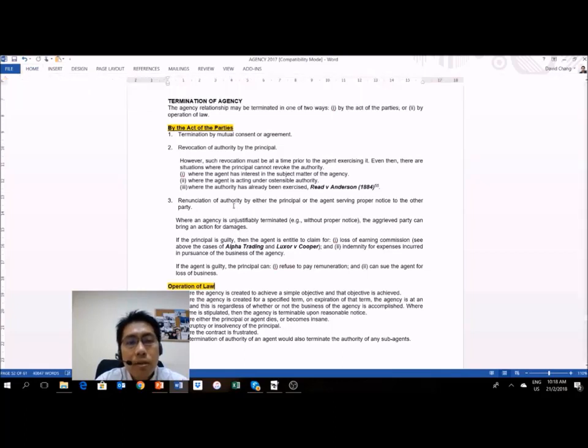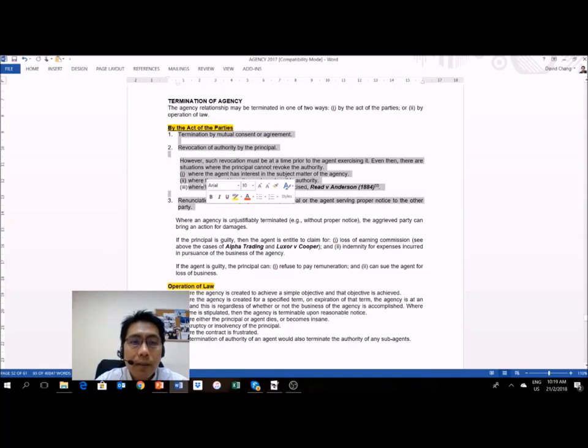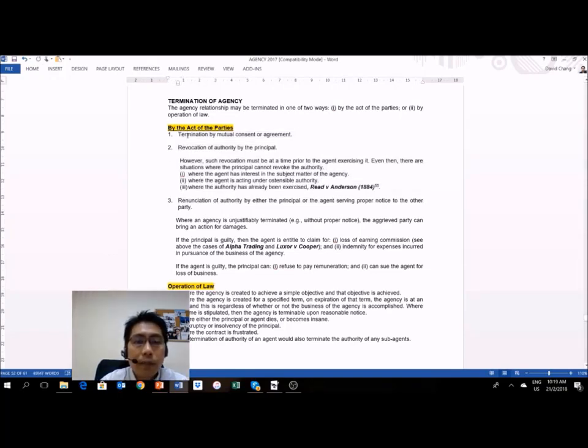Within termination by the parties, there are three further ways it can be terminated. For example, where the parties mutually consent or agree for the agency to be terminated. That's obviously where no issue will arise because both of them agree to terminate. Or it may be where there is revocation of authority by the principal.